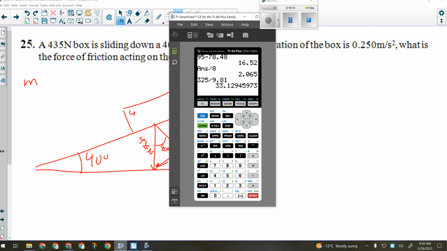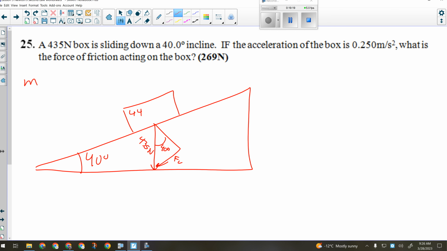So 435 divided by 9.81, 44.34 kilograms. We are looking for the force of friction acting on the box, which is that way, because naturally the box would want to go this way because of F parallel. There are no other forces mentioned, so I calculate F parallel using the same method we usually do.